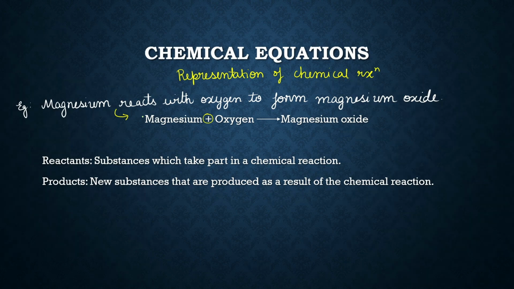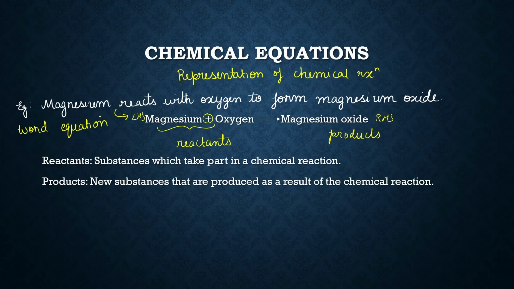Whatever you write on the LHS, that is the left hand side, refers to the reactants, and on the right hand side we write the products. Such an equation is referred to as a word equation.